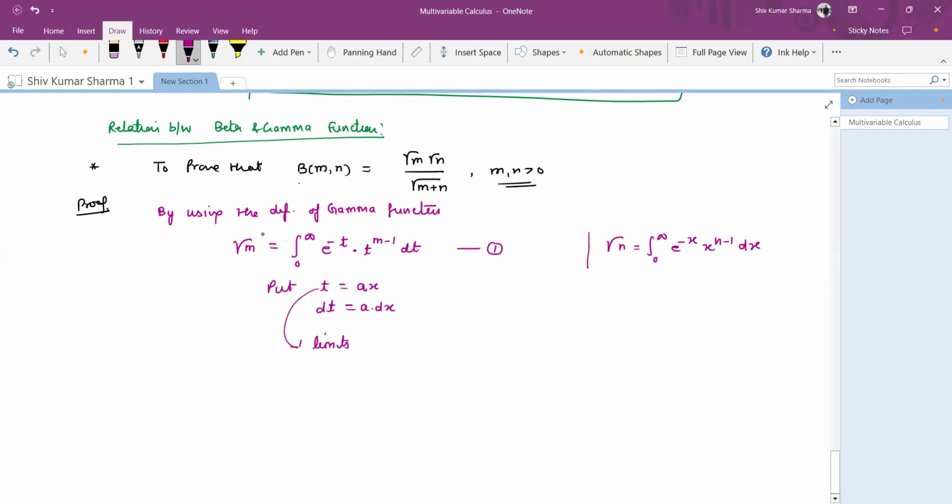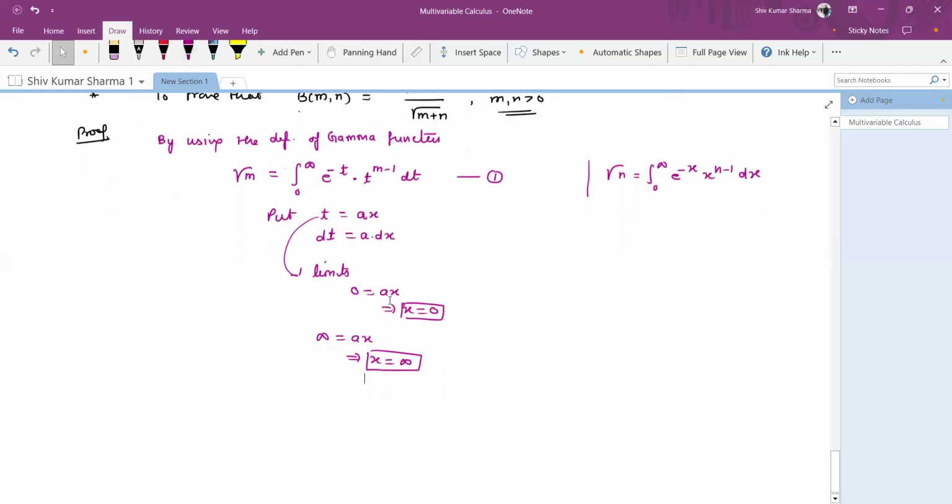When we put the lower limit t equal to 0, 0 is equal to ax, so x equal to 0. When we put the upper limit t equal to infinity, infinity equals ax, and infinity upon something gives us infinity. So the limits remain unchanged.